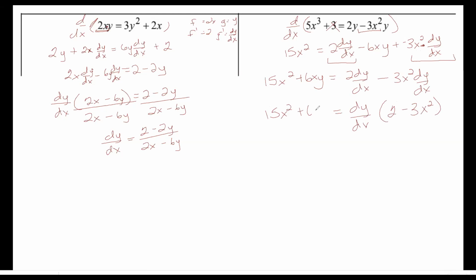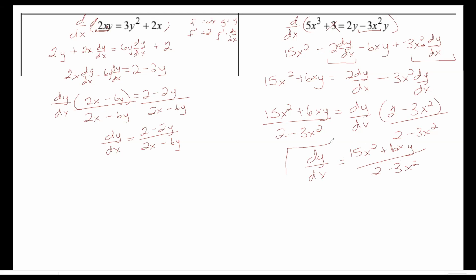And go ahead and divide. So we end up with dy/dx equal to 15x squared plus 6xy all over 2 subtract 3x squared.